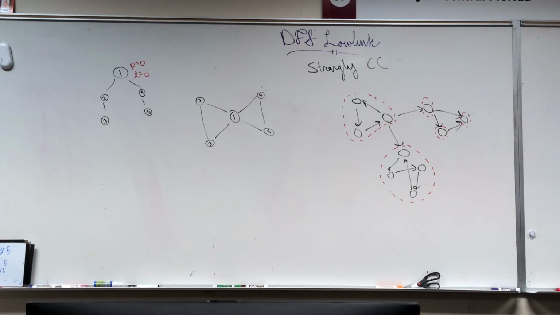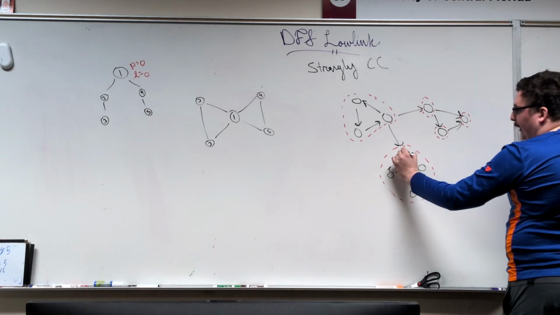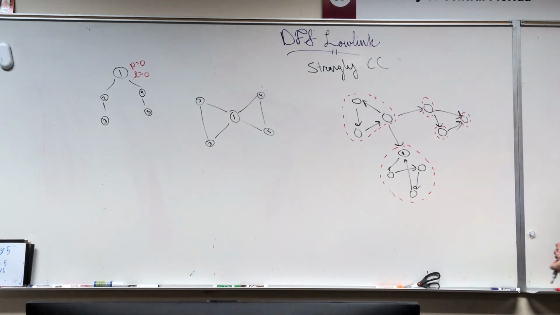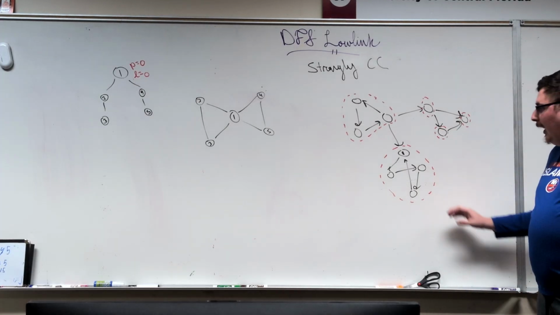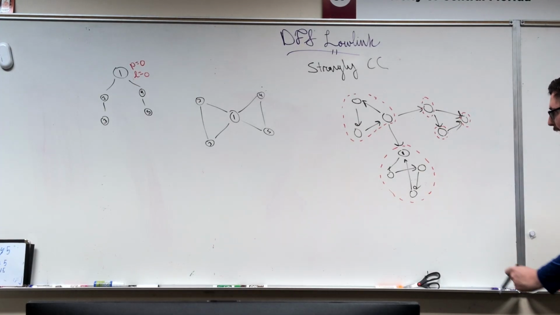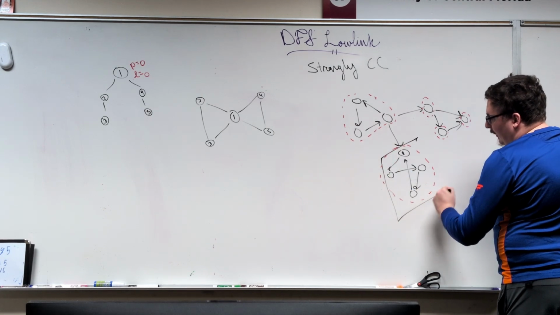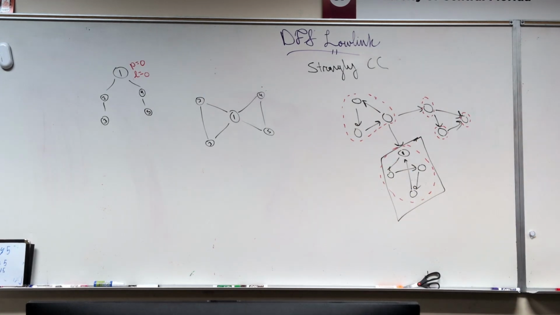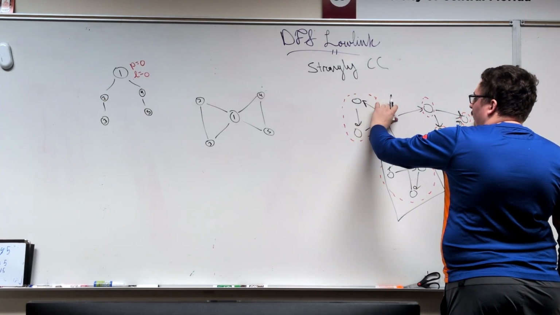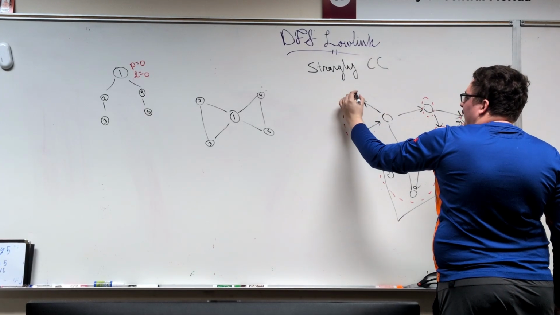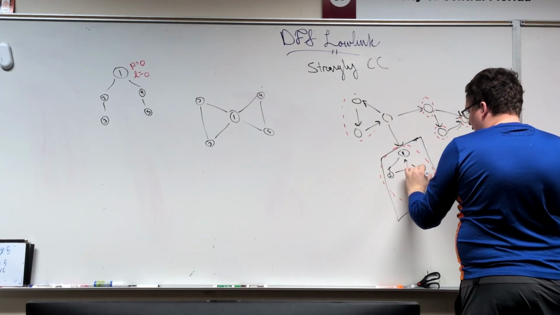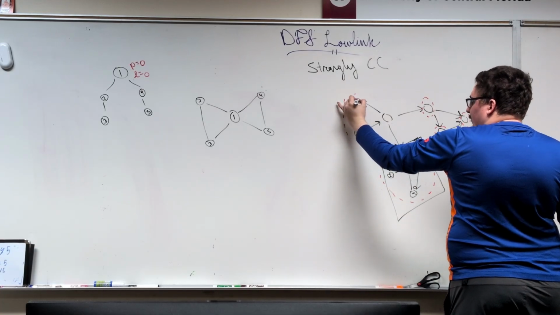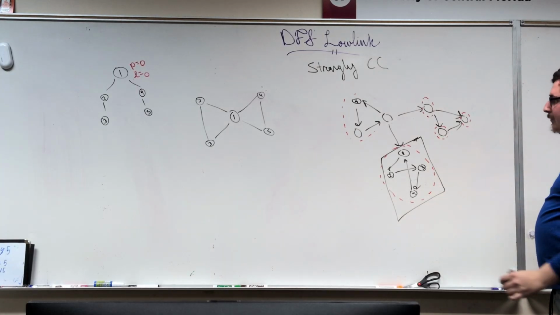In this case, what can happen is, let's say this node here is node 1. We start DFSing, and we would only consider this portion of the graph. But when we consider now DFSing from, let's say, this node, we've already processed this section.